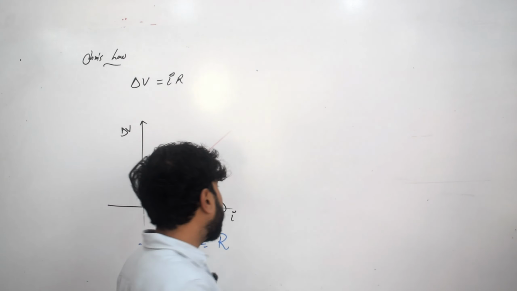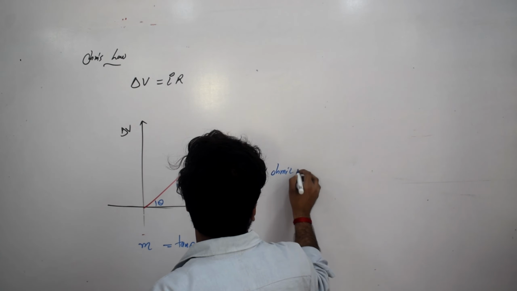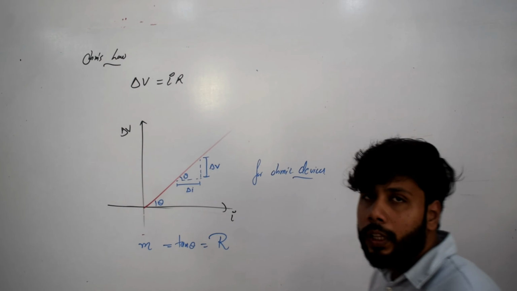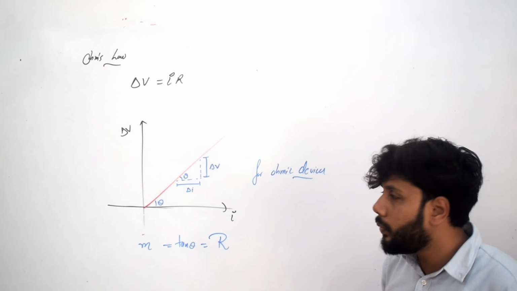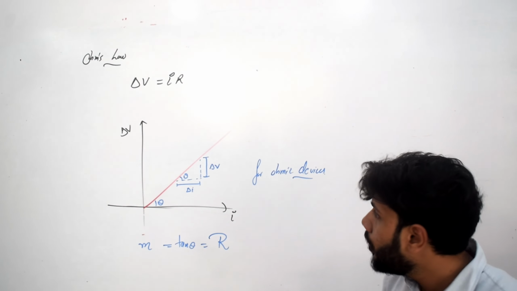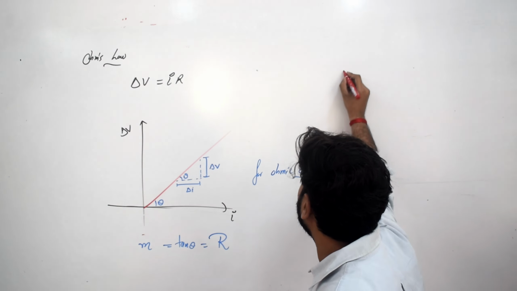But it is only true for ohmic devices. What are ohmic devices? Any device which follows Ohm's law, or for which the graph of V versus I is a straight line, is ohmic. But most of the time materials are not ohmic.